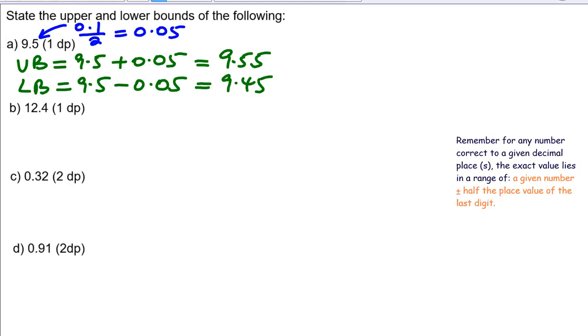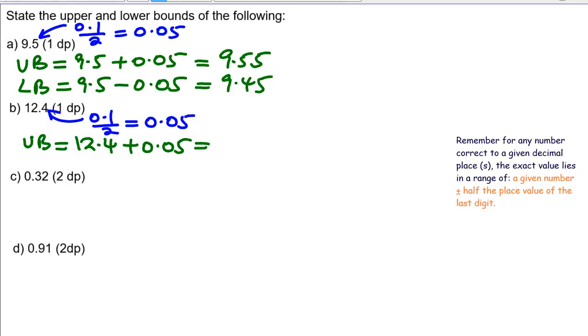Here, the place value of 4 is 0.1 divided by 2, 0.05. So the upper bound will be 12.4 plus 0.05, which is 12.45. And the lower bound will be 12.4 minus 0.05, which happens to be 12.35.